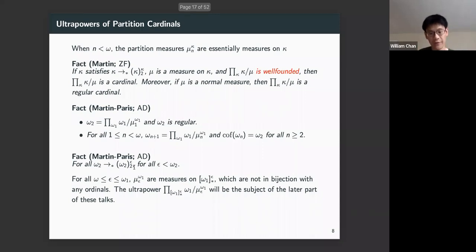In particular, it will be shown that these ultrapowers aren't actually cardinals, and therefore studying the ultrapower of omega_1 by these higher dimensional partition measures is a little bit trickier. This will be what we'll be looking at in the next talk, next week's talk.